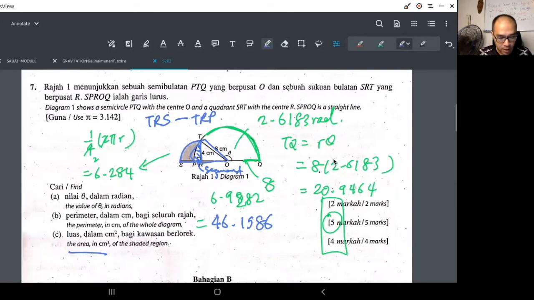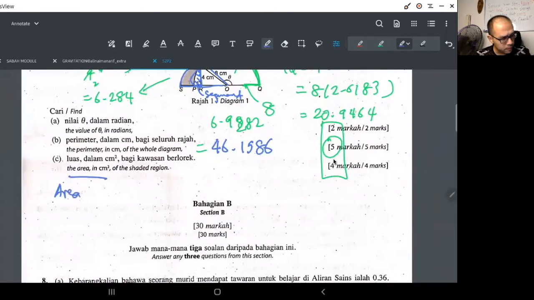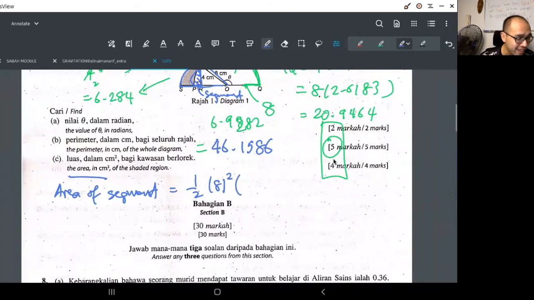So the area of the segment will be 1/2 times 8 squared times, and this is where I went into a very long explanation before, so I'm not going to waste time over here.